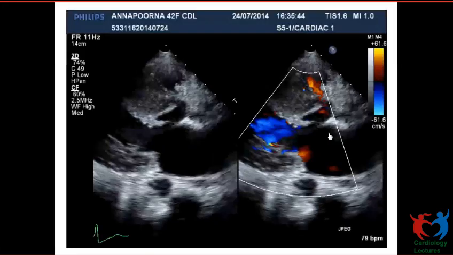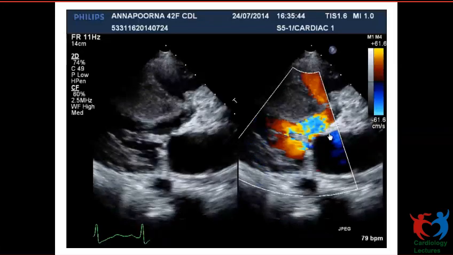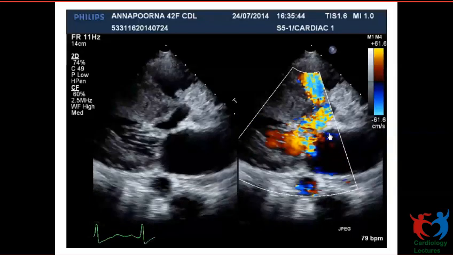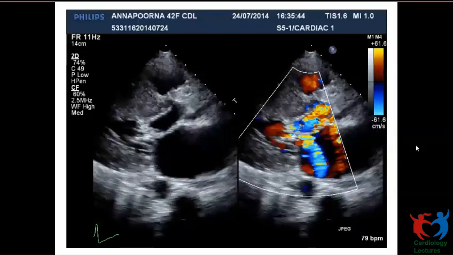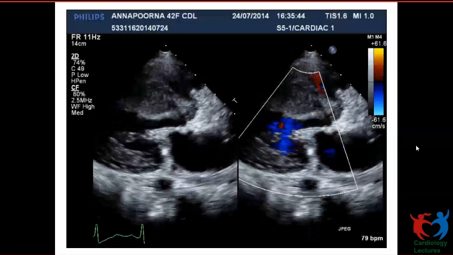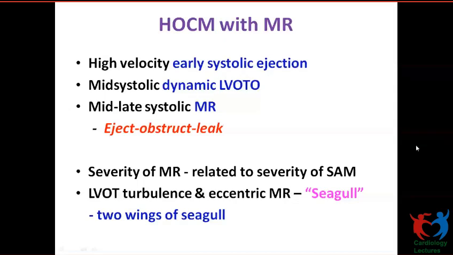So, any name for this sign? Ma'am? Any name? We discussed in the last class. Seagull sign. So, that's what is happening. High, eject, obstruct, leak. So first there will be high velocity, early systolic ejection.